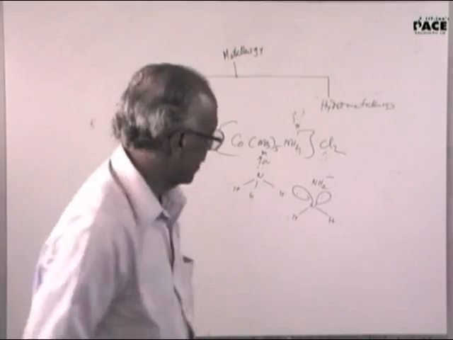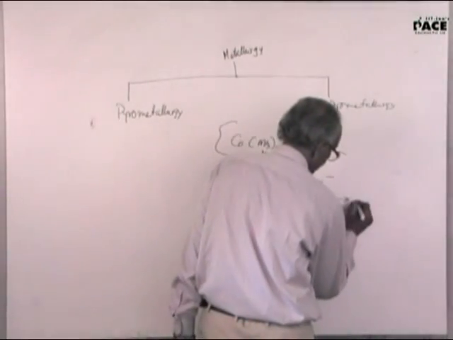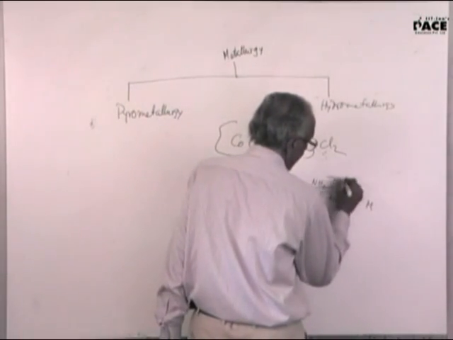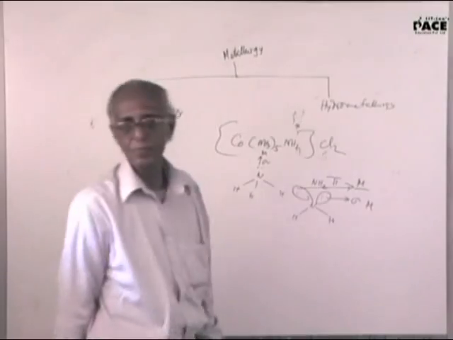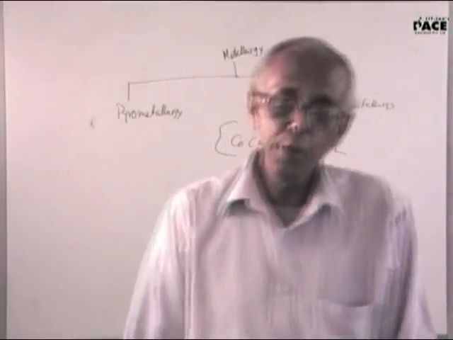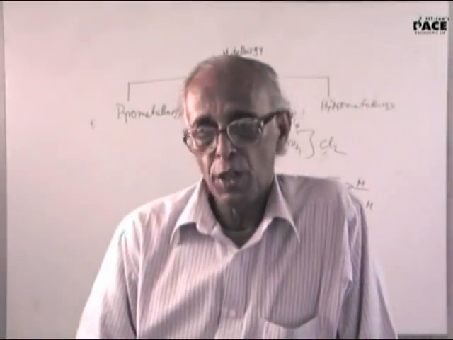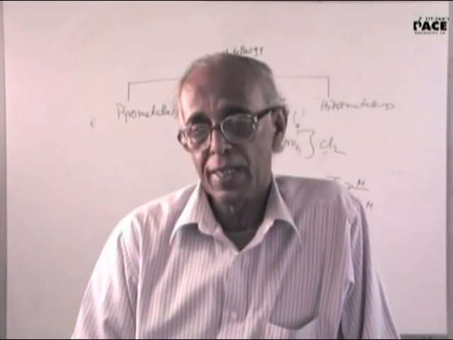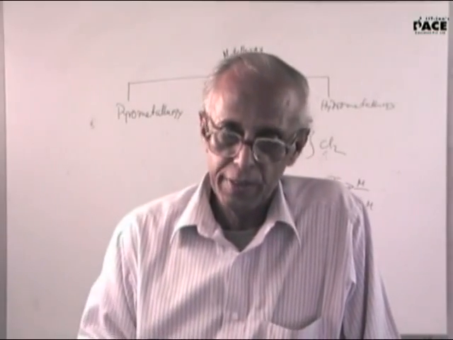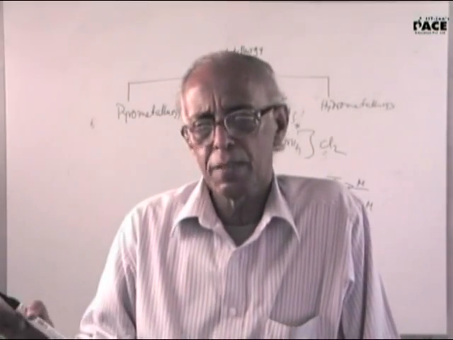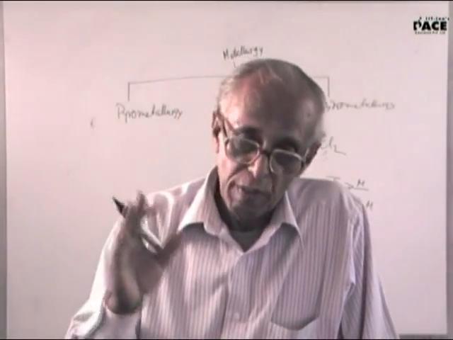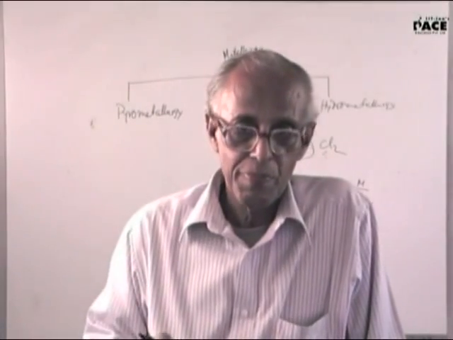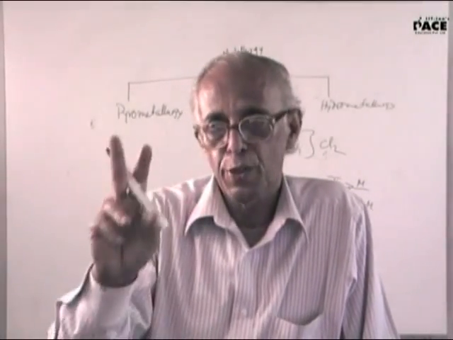One is involved in sigma bonding to the metal, the other in pi bonding to the metal. So if you have more than one electron pair and if required, they can function as sigma as well as pi donor. All ligands are sigma donor, but pi donor only when it has more than one lone pair, because the first lone pair is required for sigma bond.